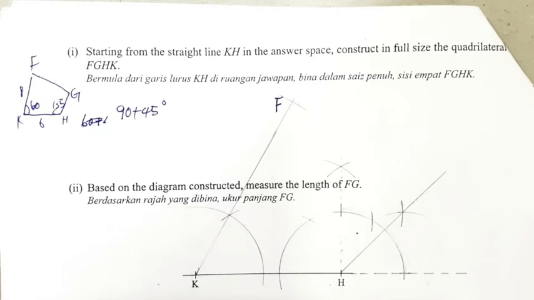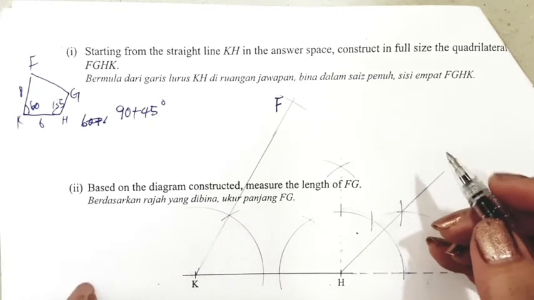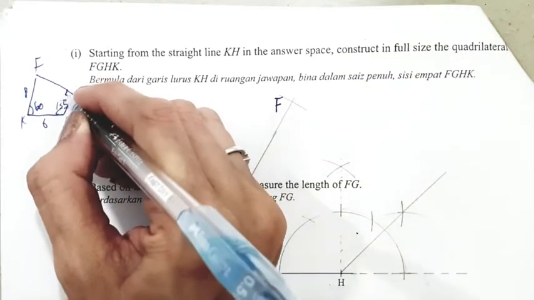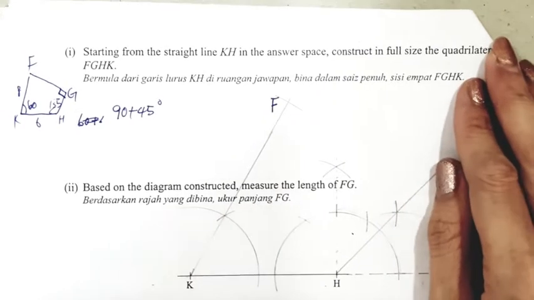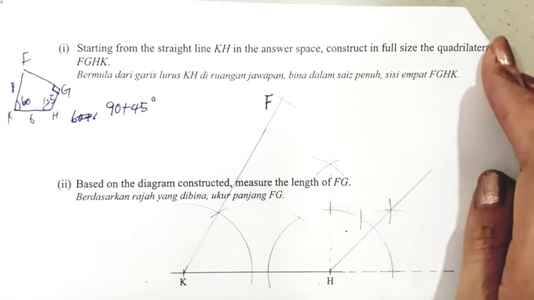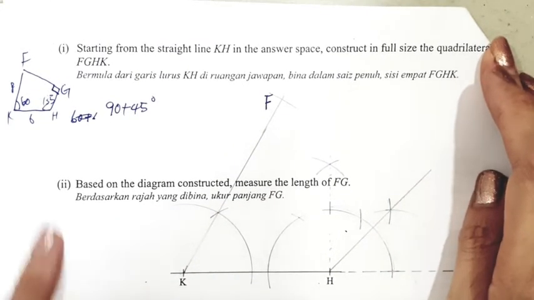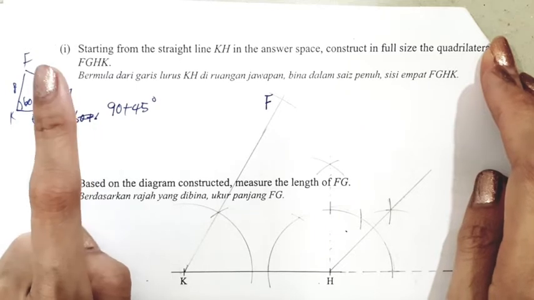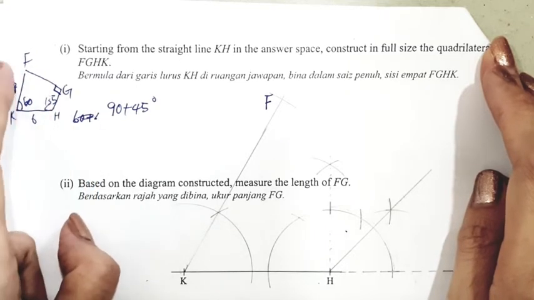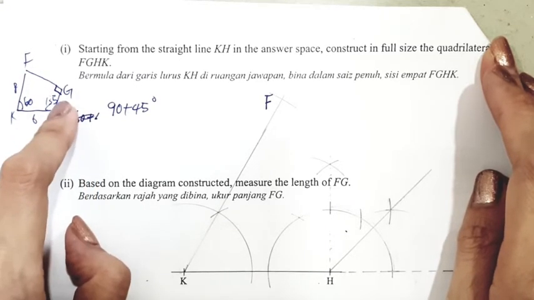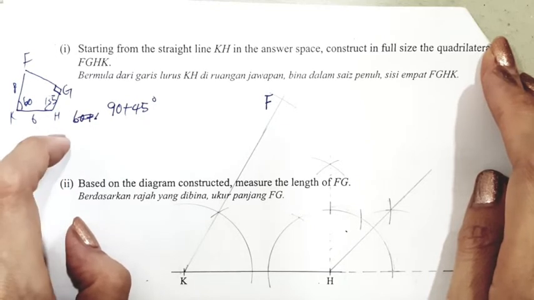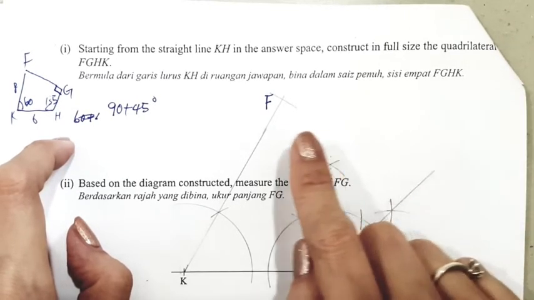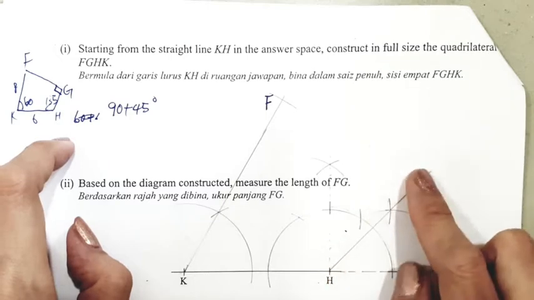Okay, I'm back now. According to the marking scheme, there's actually a 90-degree over here. So it's not given in the question. So probably it's a printing error. So we have to create the point G. And we know that F will make a 90-degree with the line HG. That means we have to construct a 90-degree from F to the straight line.